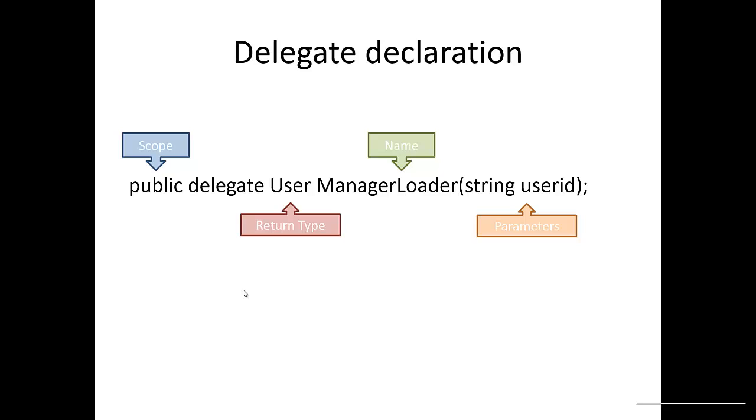We have the return type for the method that we want this delegate to handle or accept. Then we have the name of the delegate, which we're calling ManagerLoader. And then there's a parameter where we're taking in a string that is the user ID. So what we need is a function that takes these parameters.